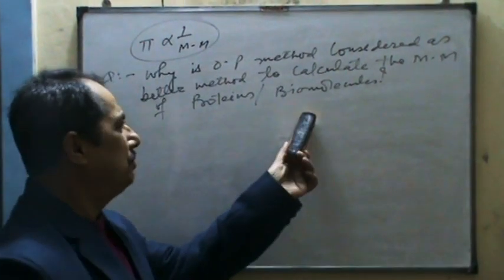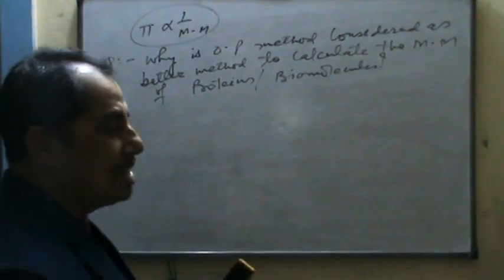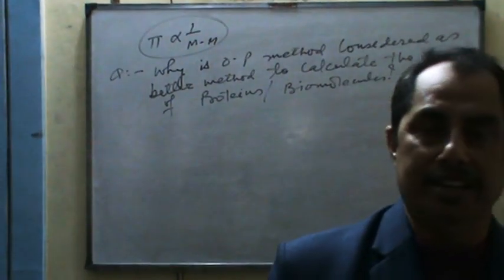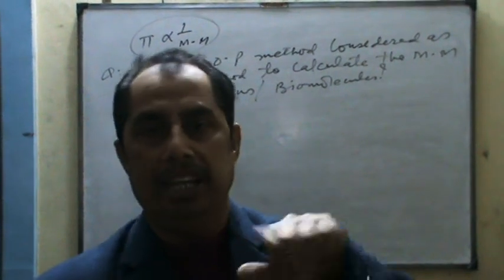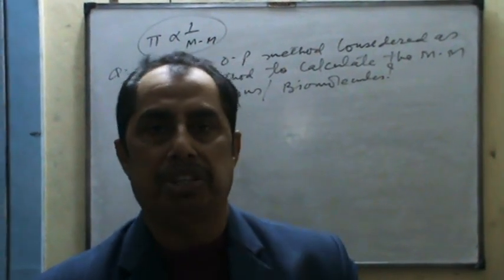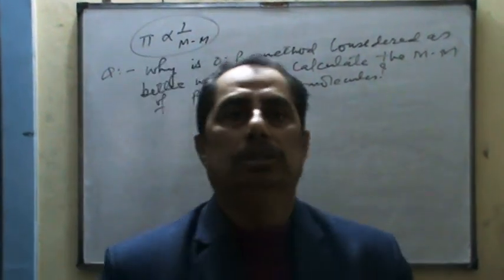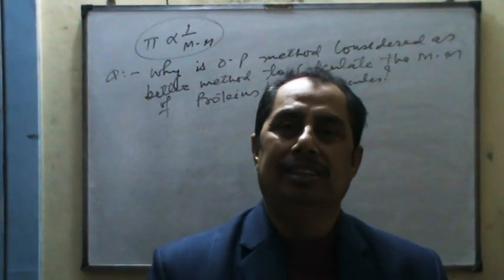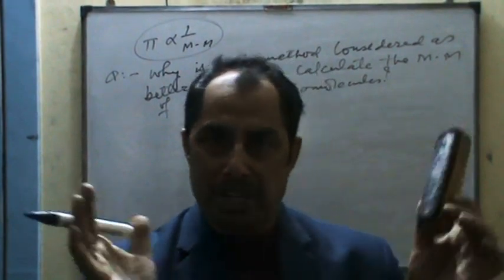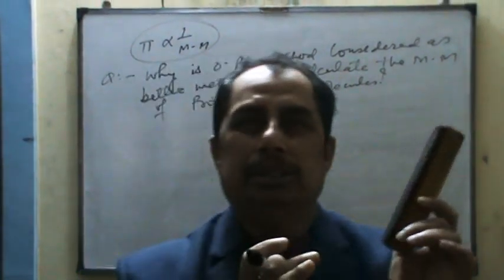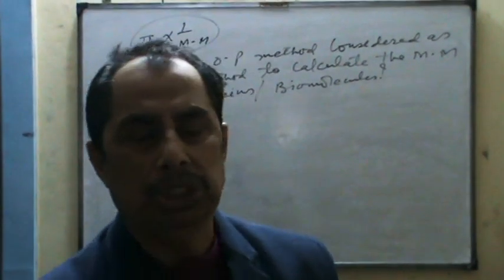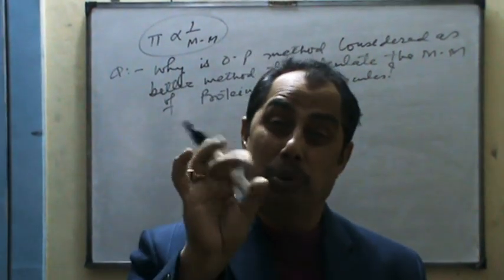For such kind of substances, you don't consider the elevation in boiling point and depression in freezing point. Because in elevation in boiling point, temperature is very important. With more temperature, dissociation of the biomolecules takes place. Secondly, in depression in freezing point, at lesser temperature, coagulation may occur, which is known as denaturation of protein.